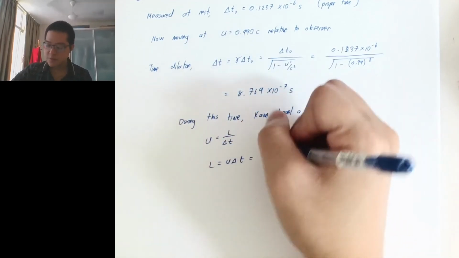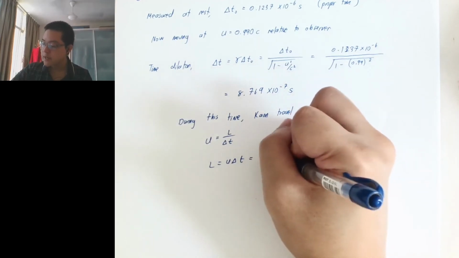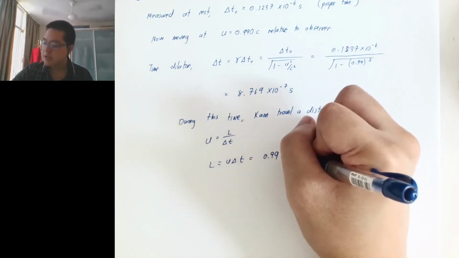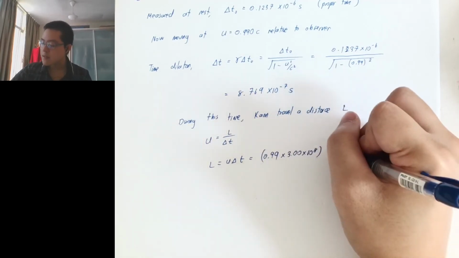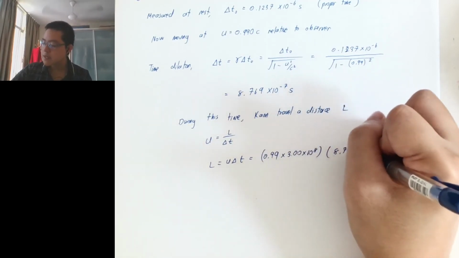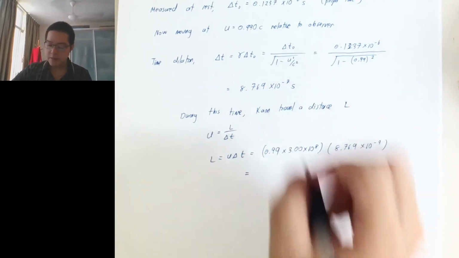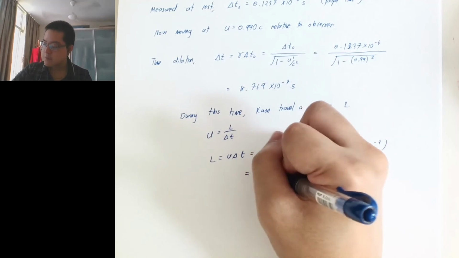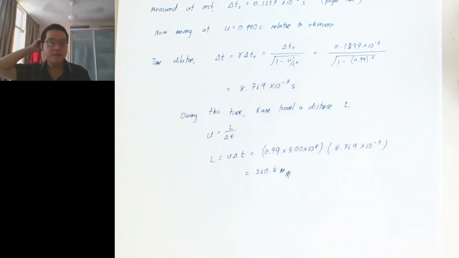The u is 0.99 times the speed of light, so 3 times 10 to the power of 8, and the time interval is 8.769 times 10 to the minus 7. From here we can calculate it is 260.4 meters. So the distance traveled is given by this.